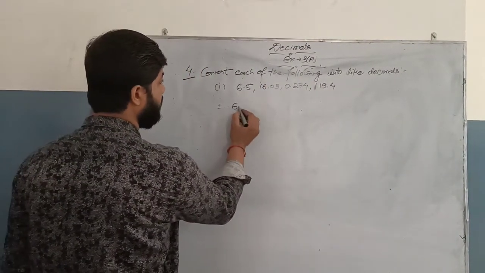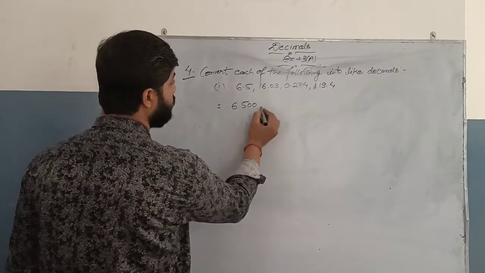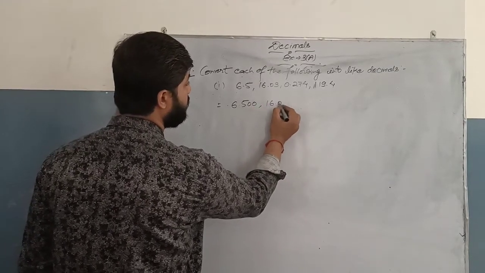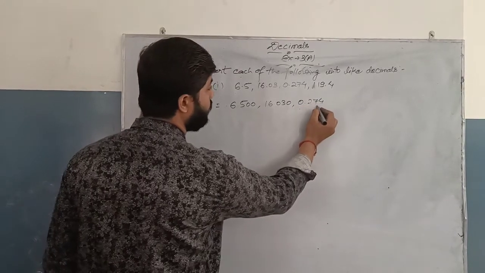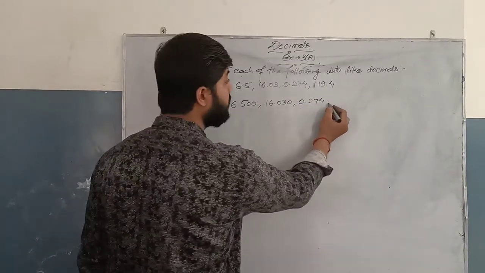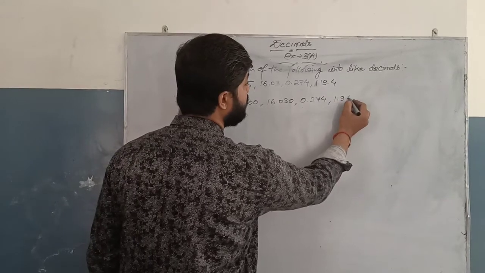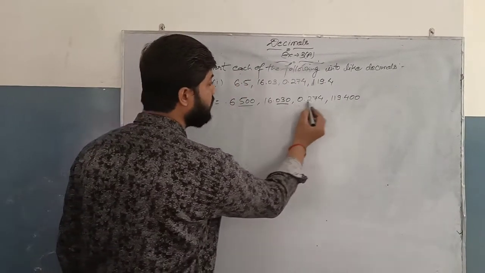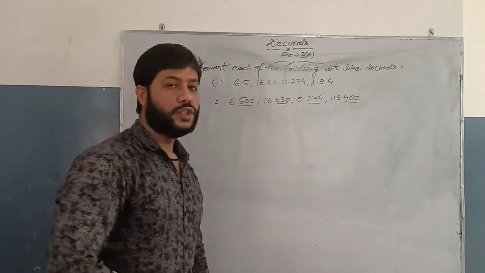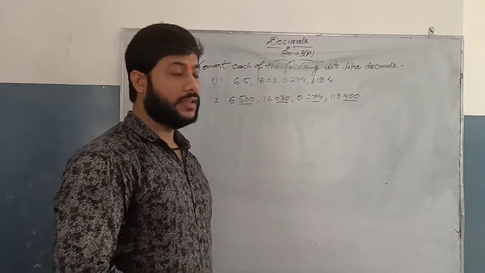So 6.500, 16.030, 0.274, which already has 3 decimal places, and 119.400. Now we can see these all have 3 decimal places, so we have converted them into like decimals.